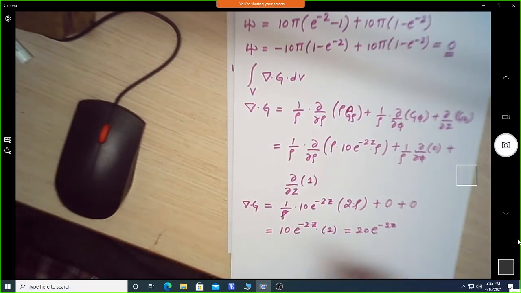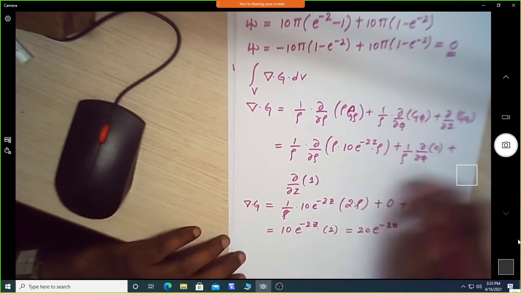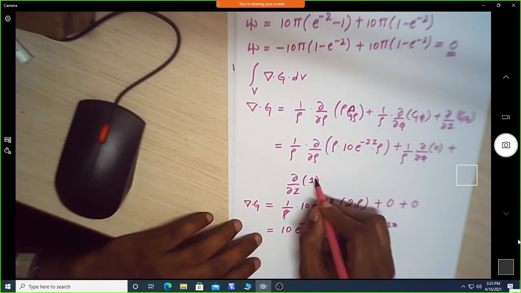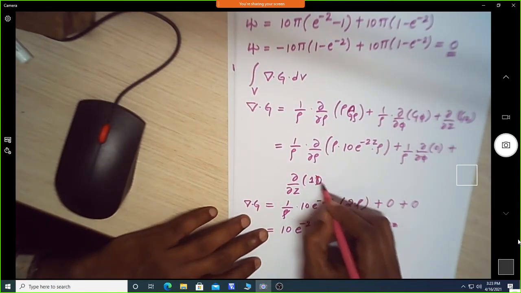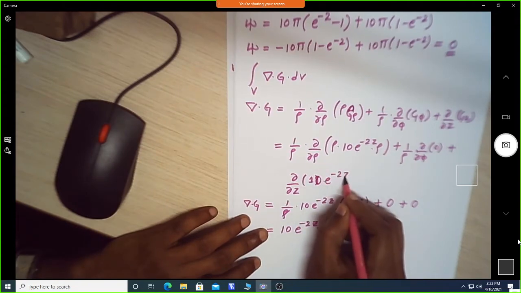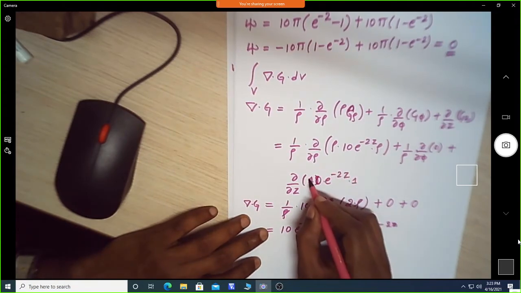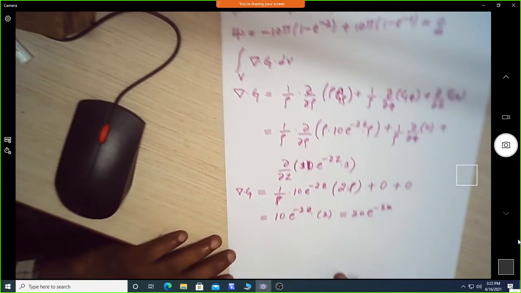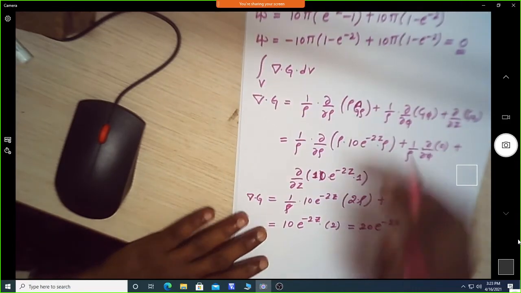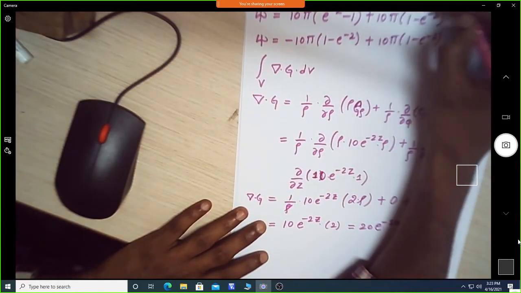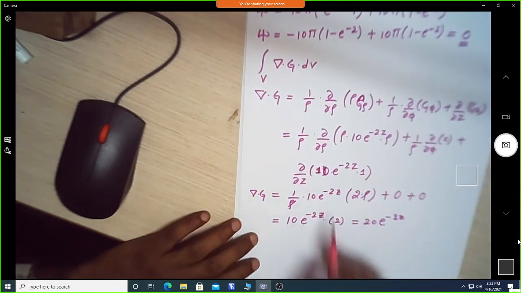Sorry, here you have to multiply the z component. So here we have made a mistake, which is 10 into e power minus 2z into 1. Since you have to multiply this component into 1, we missed it.